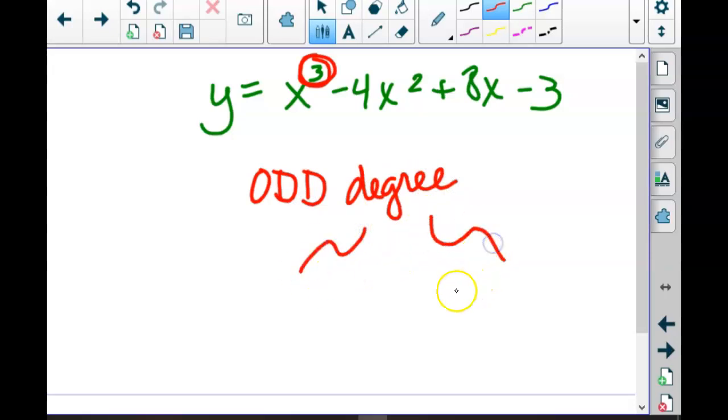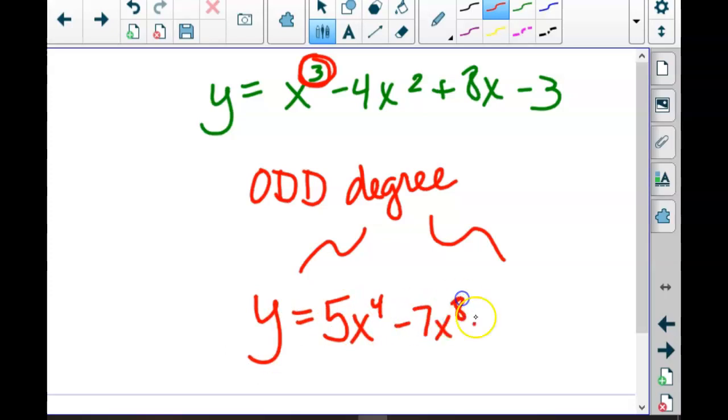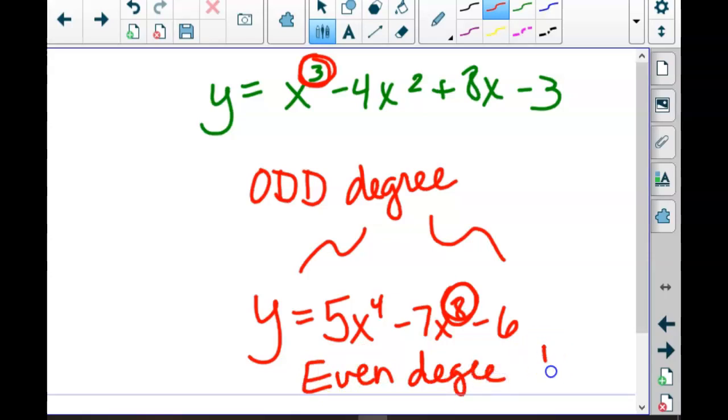Could look like that or that. If it's an even degree, I don't think actually that I assigned any Delta Math like this. Okay, the highest exponent power here is an 8. If it's an even degree, both ends go up or both ends go down. I don't think I assigned that though. Okay.